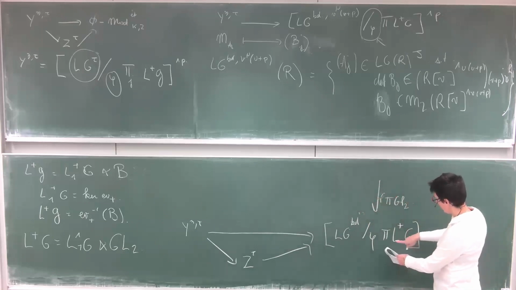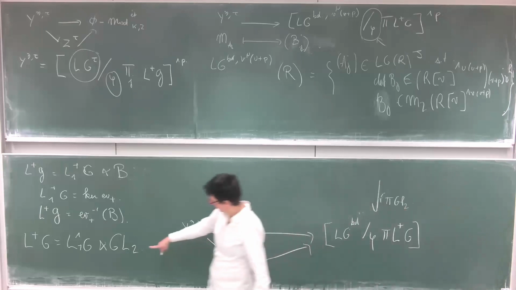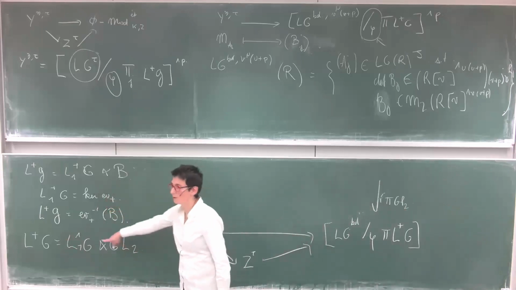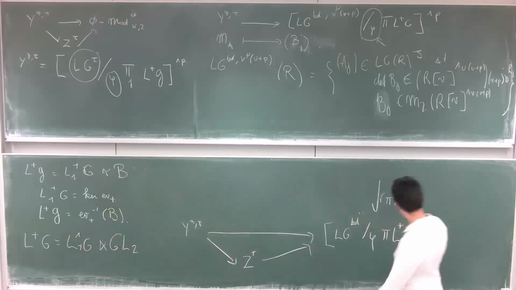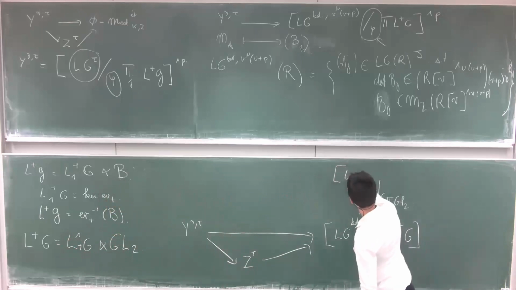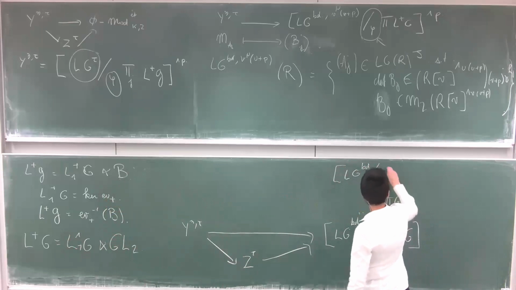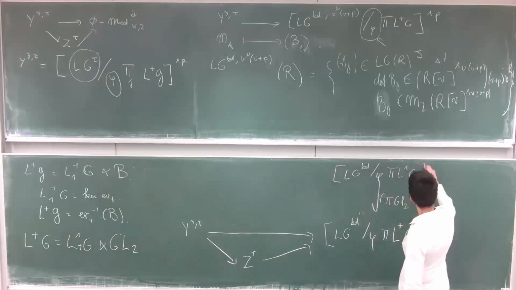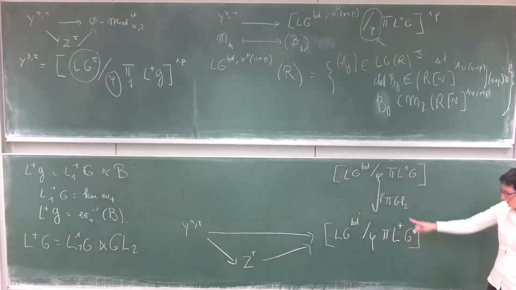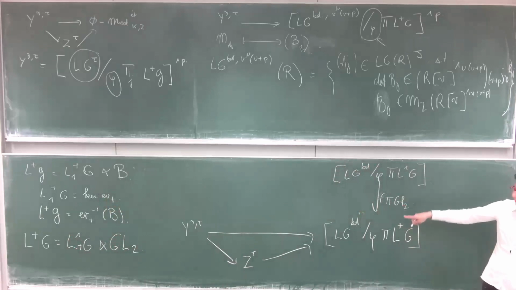So instead of taking the quotient by this product, take the G2 torsor, and it will give you L1G. Okay, so you have a G2 torsor.